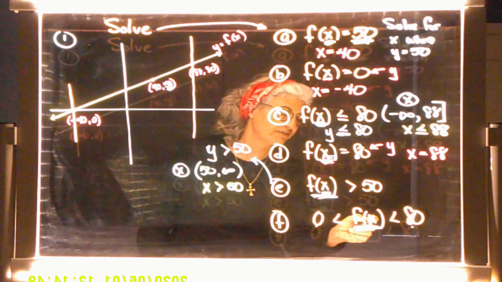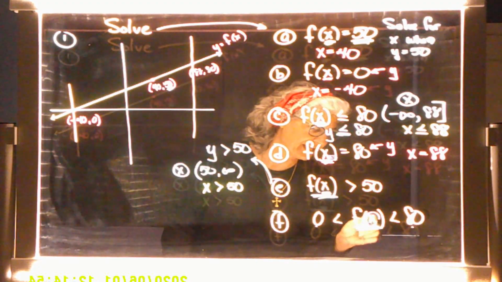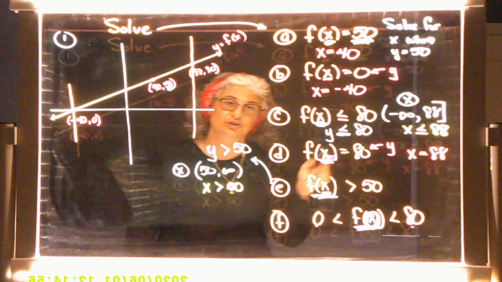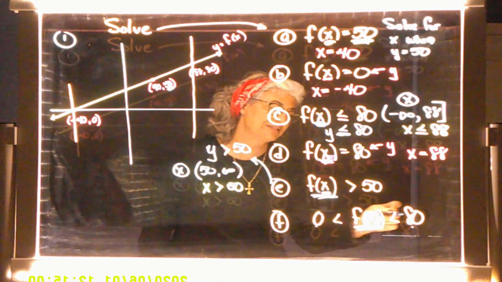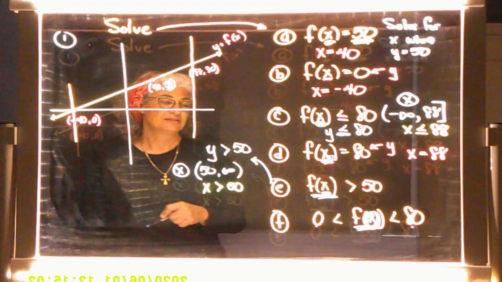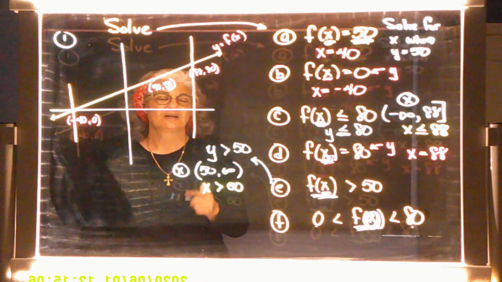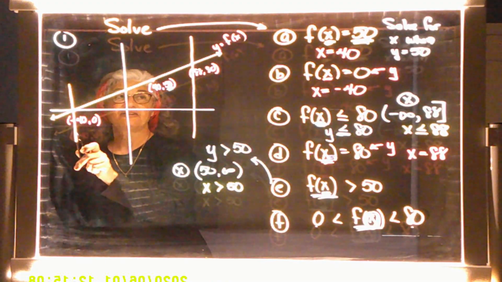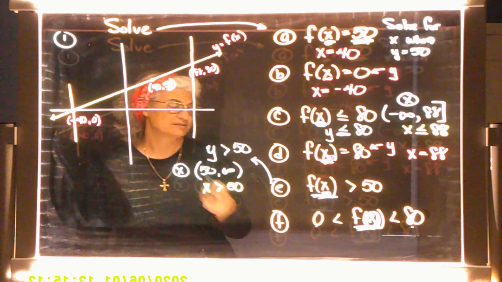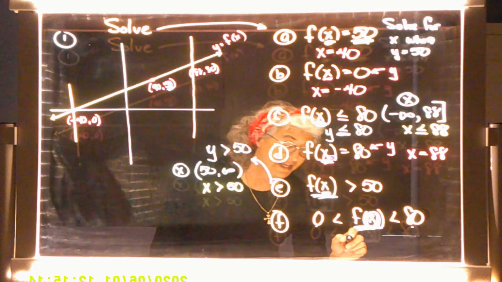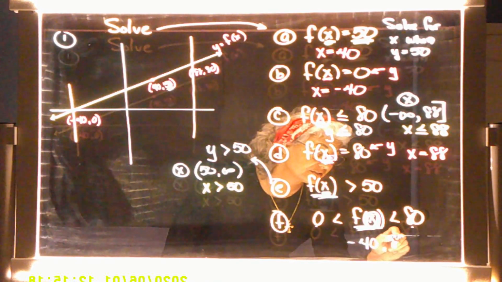No, you're solving for x because, again, the x is what's not known. The x is actually written, so I don't know the x. So I need to know the x's that keep this between 0 and 80. So what would those x values be? Yeah, negative 40 to 88, right? From negative 40 to 88.